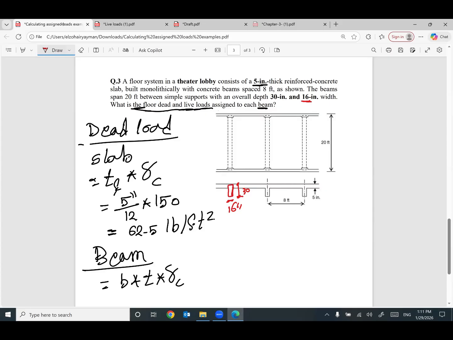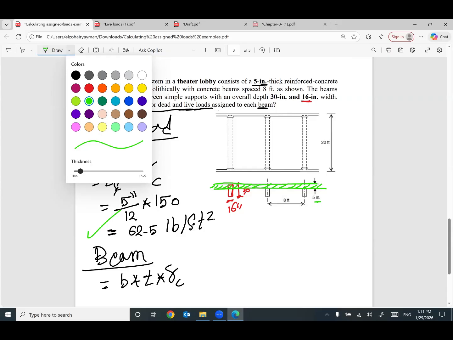And this beam is attached to the slab, which is 5 inch thick. We already counted the thickness in the weight of the slab.